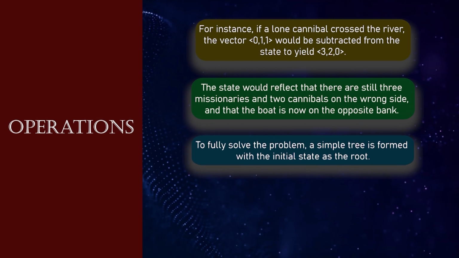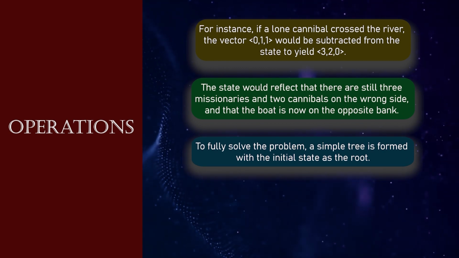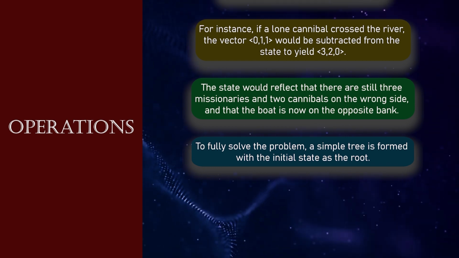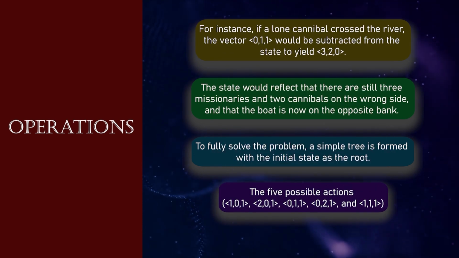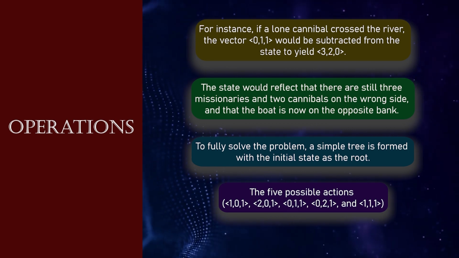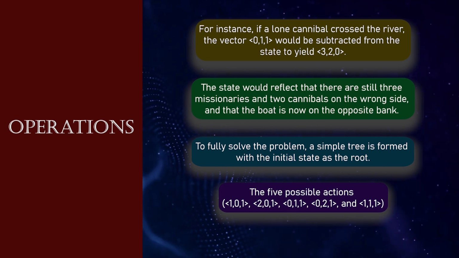To fully solve the problem, a simple tree is formed with the initial state as the root. The 5 possible actions 101, 201, 011, 021 and 111 are then subtracted from the initial state, with the results forming children nodes of the root.